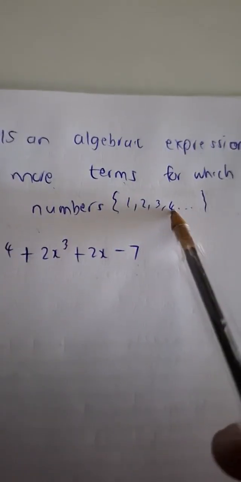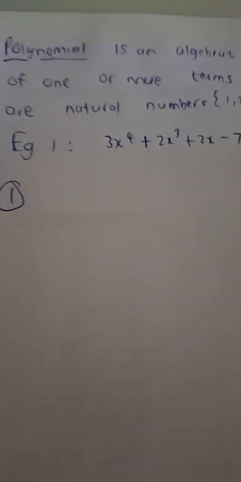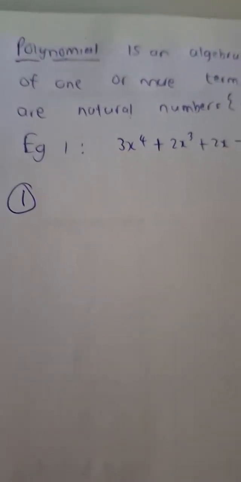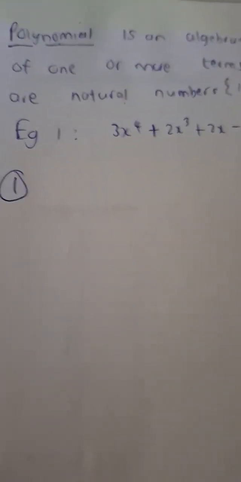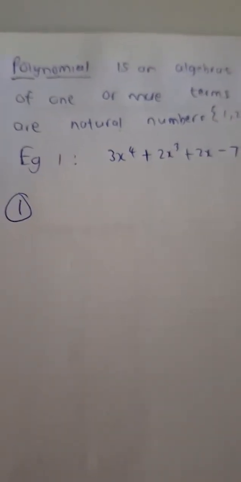So it's one or more terms for which the exponents are natural numbers. That's what a polynomial is. Now, for polynomials, we can group polynomials into the following types of polynomials. Okay, there is what we call a monomial.